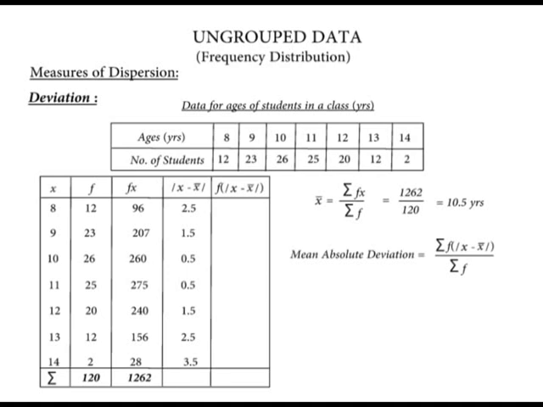For the first one, 12 times 2.5 is 30. 23 times 1.5 is 34.5. 26 times 0.5 is 13. If we proceed like that, we get 12.5, 30, 30, and 7. And then get the summation of that, and it gives us 157. Therefore, the mean absolute deviation will be 157 over 120, which gives us 1.31 correct to 2 decimal places.